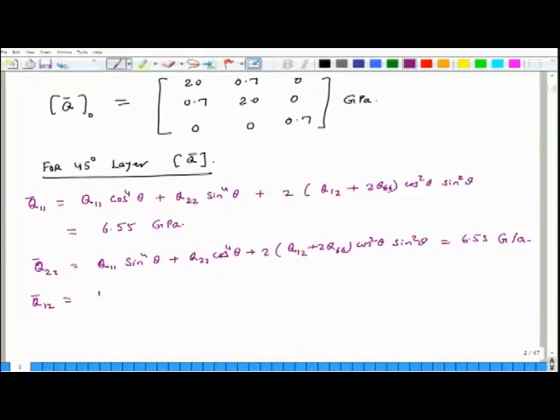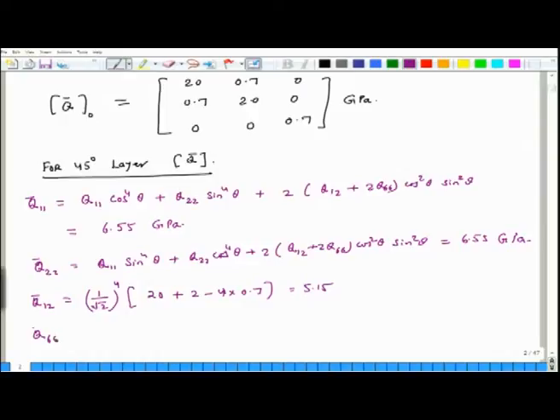So, this is equal to (1 over square root of 2) to the power of 4 times (20 plus 2 minus 4 into 0.7). So, this works out to be 5.15.